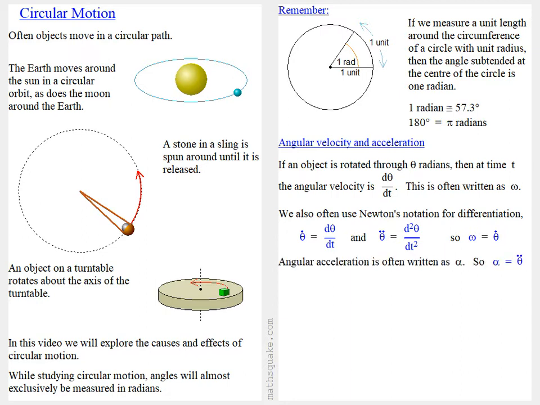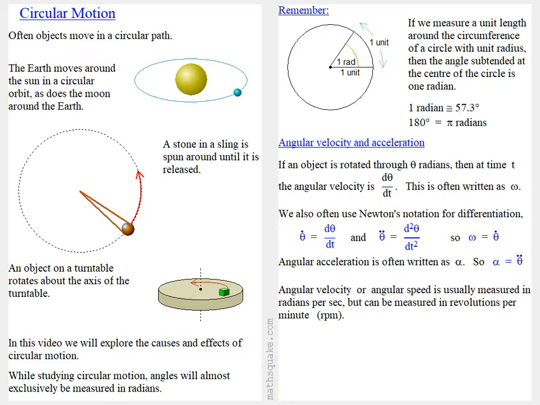Now the angular acceleration is often written as alpha. So alpha is equal to theta double dot. Now the angular velocity or angular speed, as we've said, is usually measured in radians per second. But it can be measured in revolutions per minute, known as RPM. For example, a record player can turn at 78 RPM, 45 RPM, or 33 1/3 RPM.